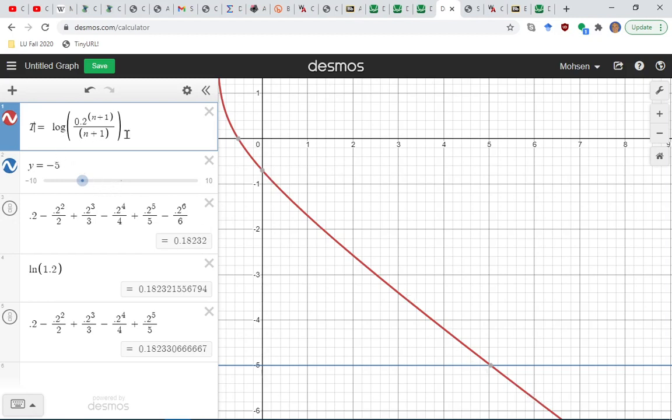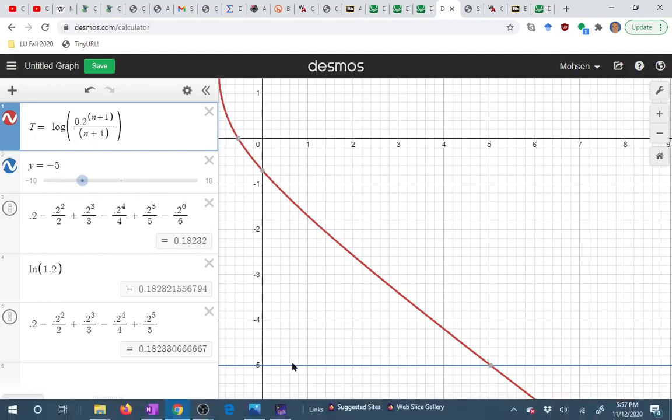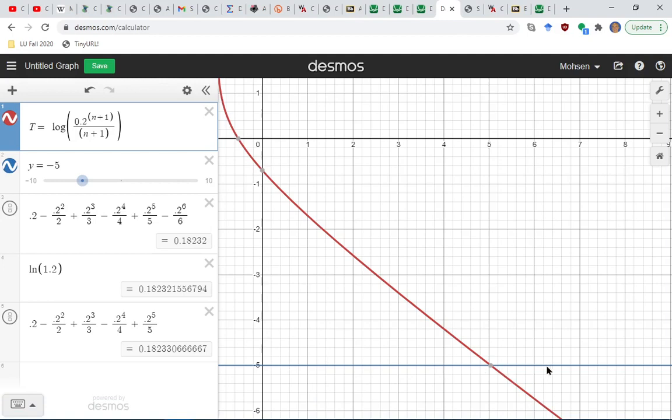Okay, we want this to be less than -5. Less than -5 means below -5. So when you say y equal to -5, here you see this blue line, that's where -5 is. We want the red to be below -5.